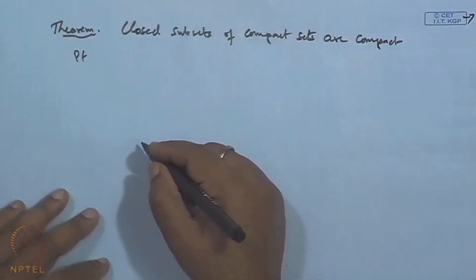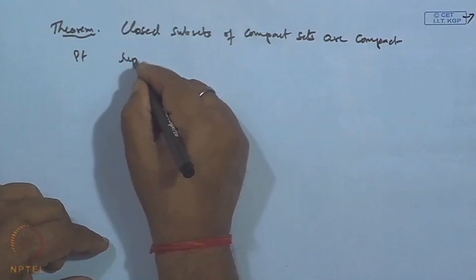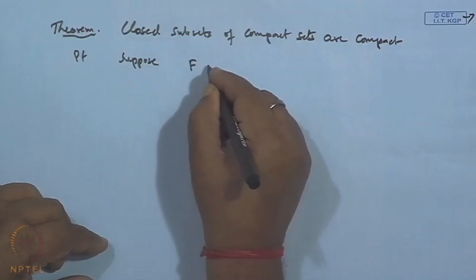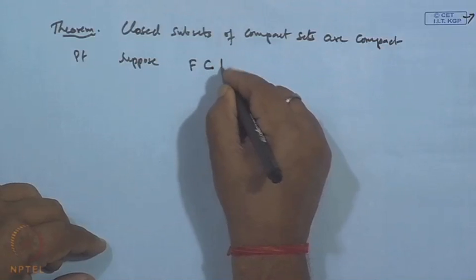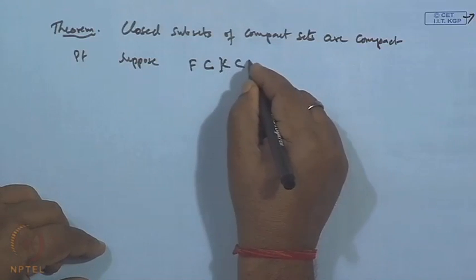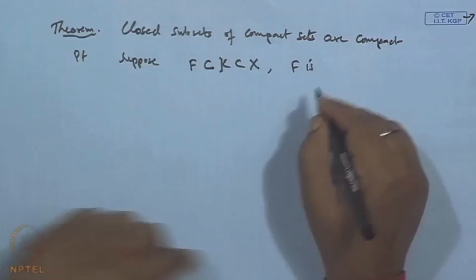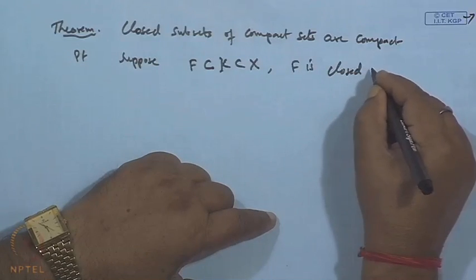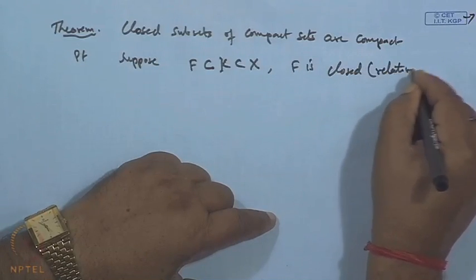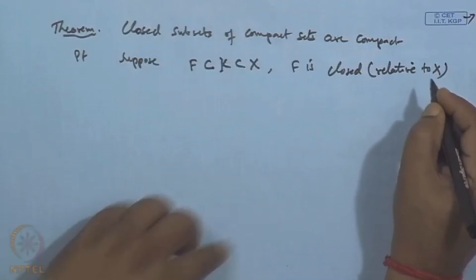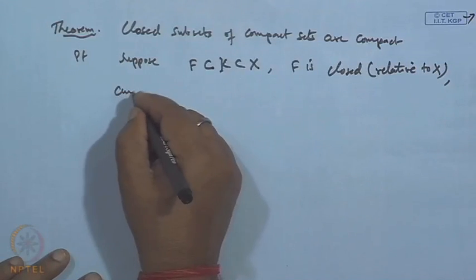So, let us take an F which is a subset of K, which is a subset of X, where F is closed relative to X and K is a compact set.